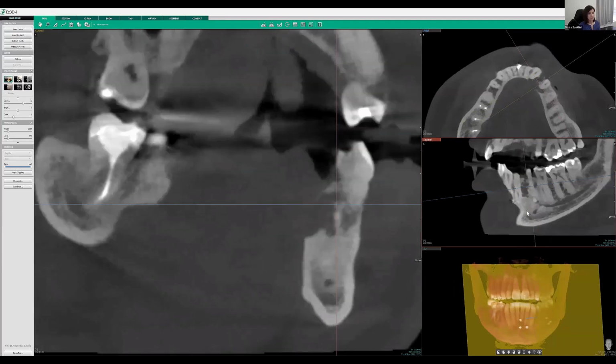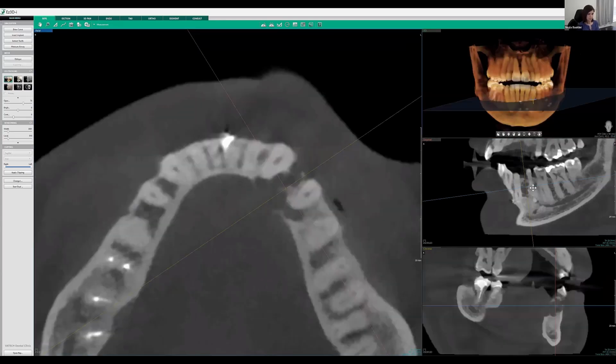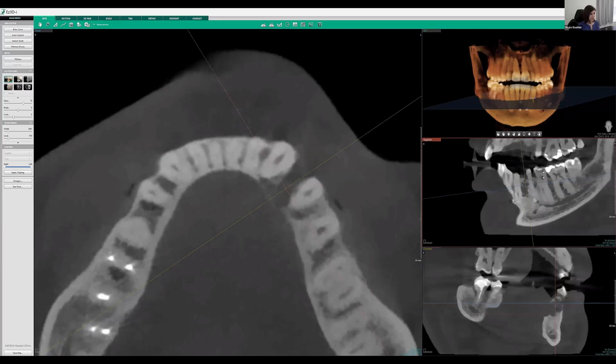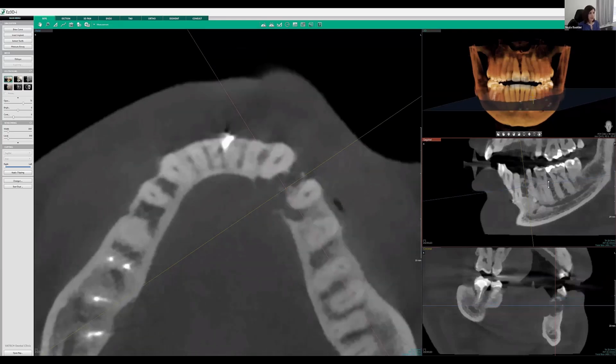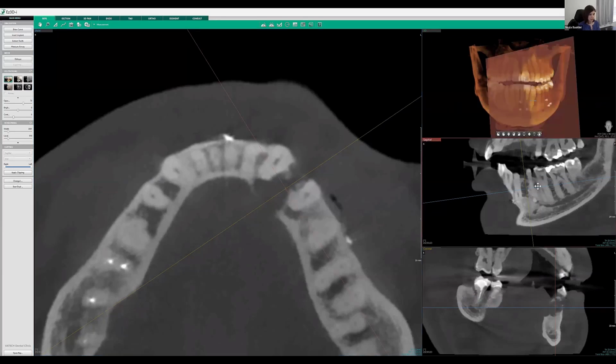So let's now move on to the axial view and see what information we can gather from that view. As I use the blue bar here and scroll, I can clearly see root resorption on number 22, and here on number 21.